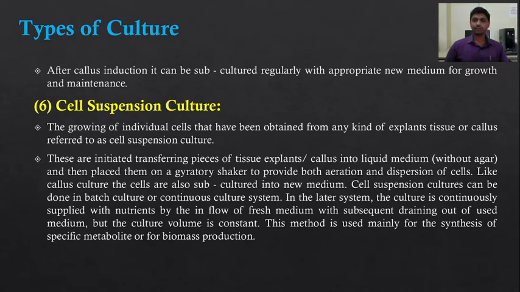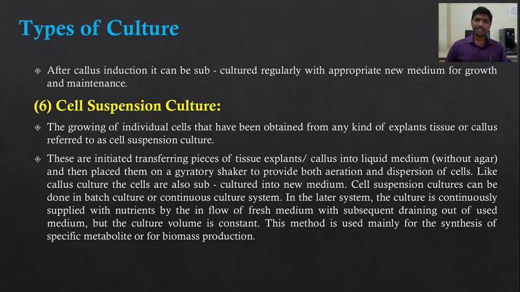This method is used mainly for the synthesis of specific metabolite or for biomass production. So cell suspension culture has been aimed for biomass production or for the synthesis of specific primary or secondary metabolites.